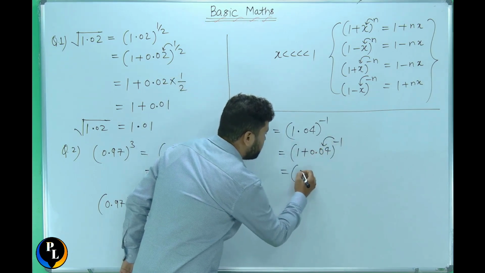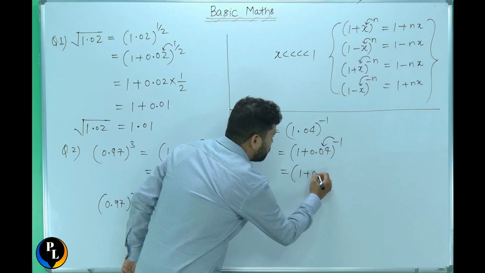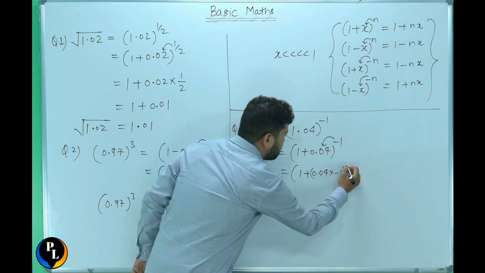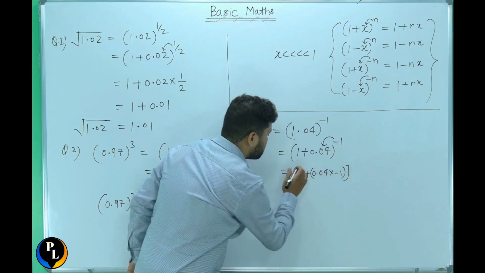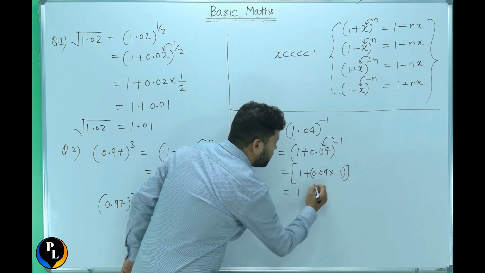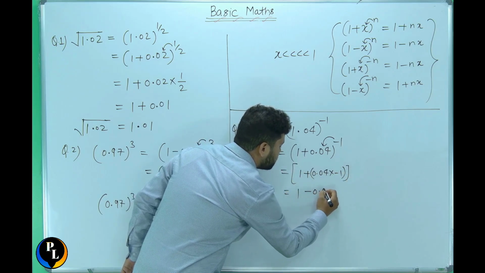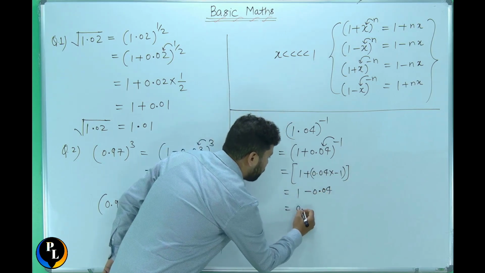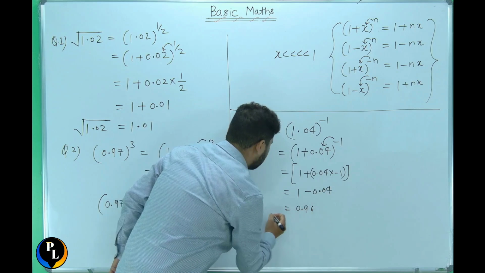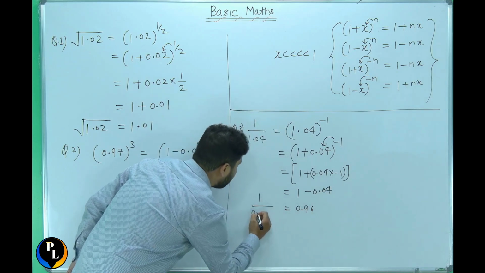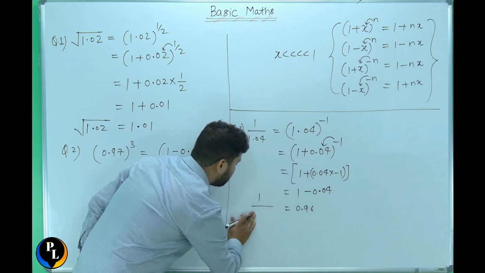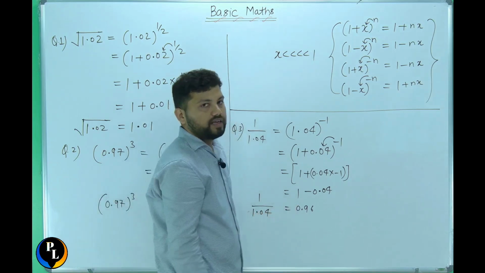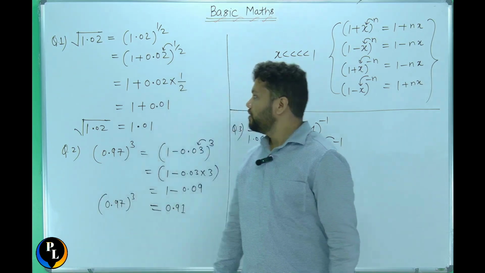So finally it will be 1 plus 0.04 into minus 1, that is, 1 minus 0.04. Finally our answer will be 0.96. So 1 upon 1.04 is nothing but 0.96. Okay, please note this down.